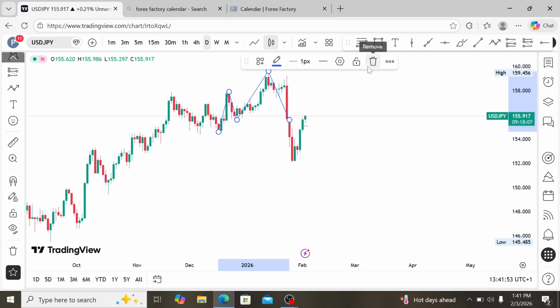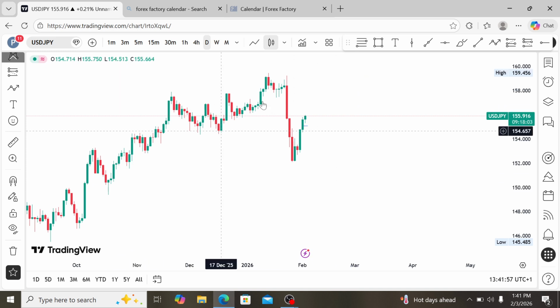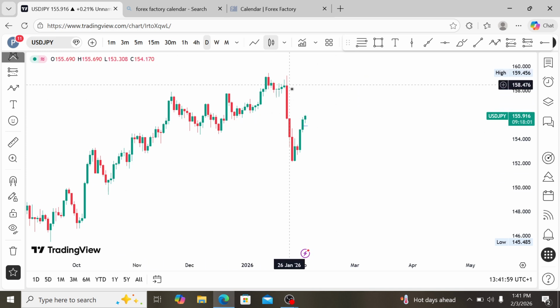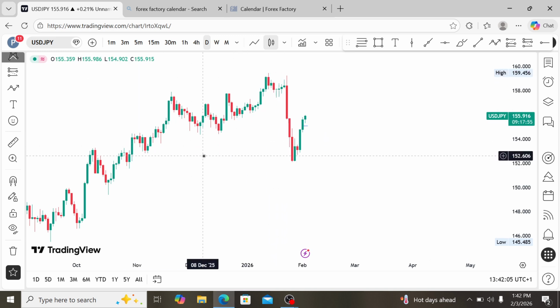I don't trade in alignment with those. For me, the market is still in an uptrend. What USDJPY just did was come down massively to clear out sell stops, but now it is going to be resuming bullishly.